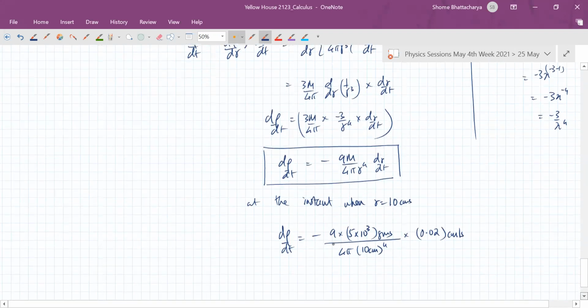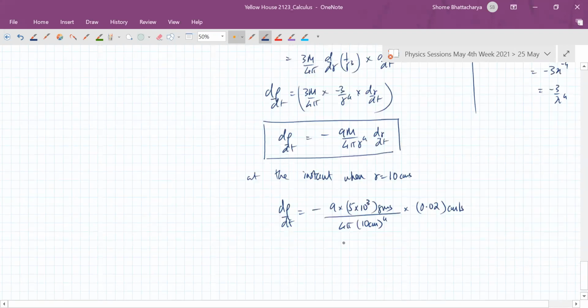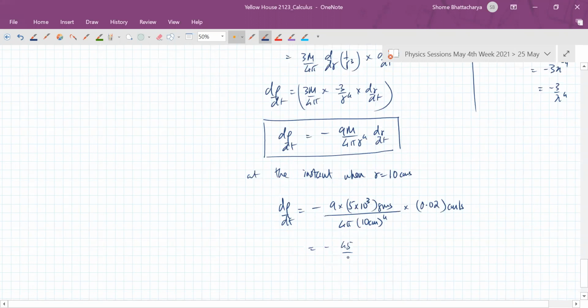I will get this as 45 by 2 pi into 10 raised power 3 into minus 2. That's 1 minus 4. So minus 3 grams per cubic centimeter per second. This is the unit that I'm getting. And the minus sign is just showing me that the density is decreasing.